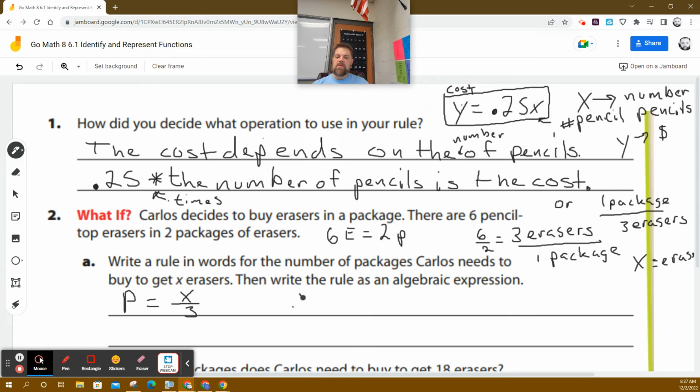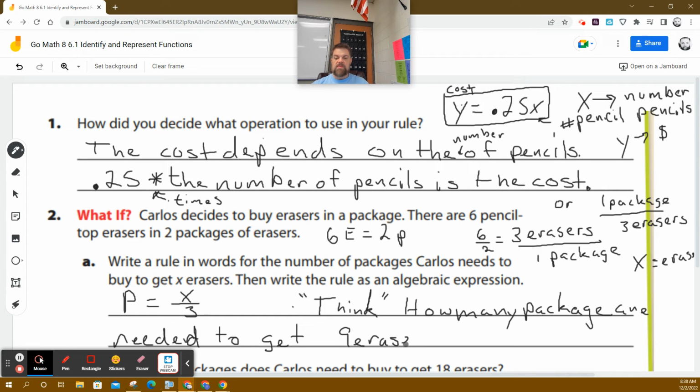This is what I want you guys to think: how many packages are needed to get 9 erasers?